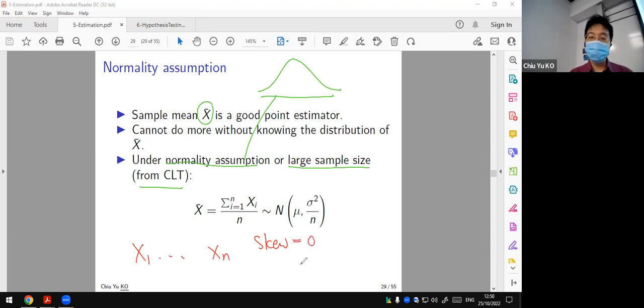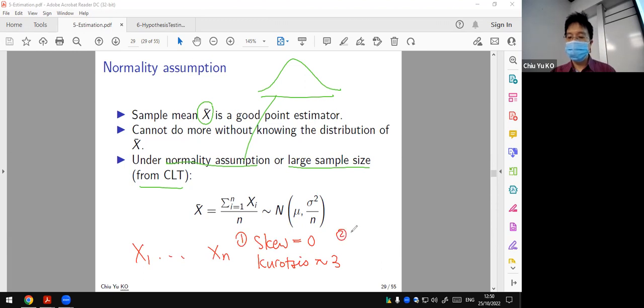If skewness is 0, that's a first check, because it should be symmetric. The second one is to look at kurtosis. Is it around 3? If it is close to 3, then it's all good. That's a first check.